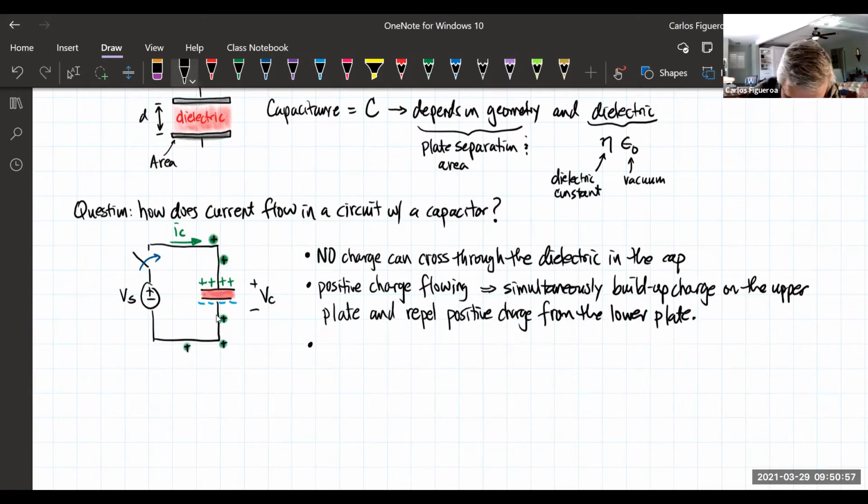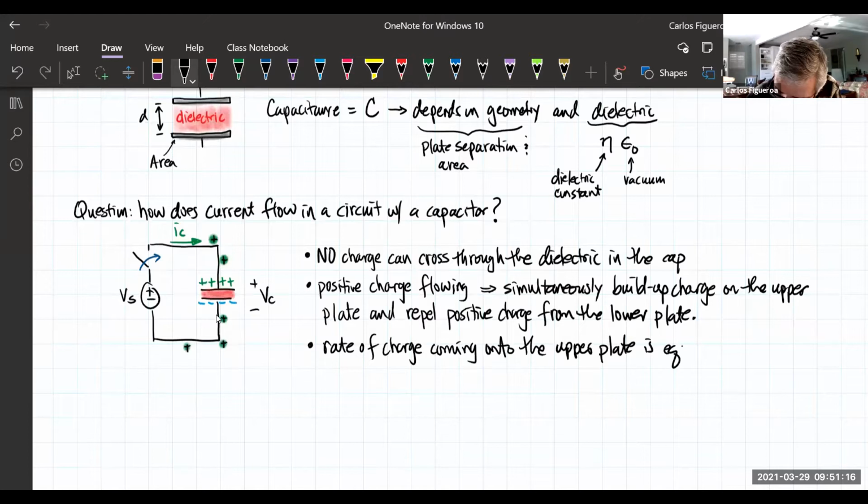So what we're saying is that the rate of charge coming onto the upper plate is equal to the rate of charge repelled from the lower plate.